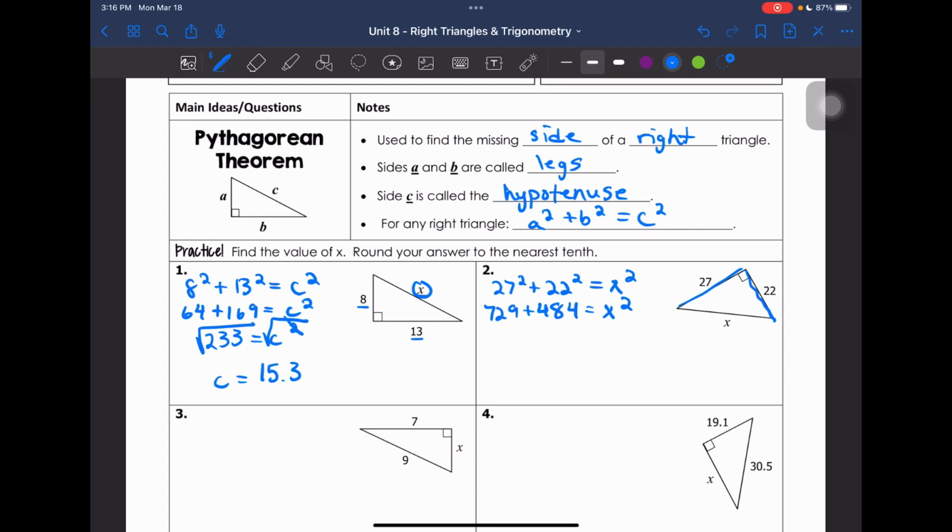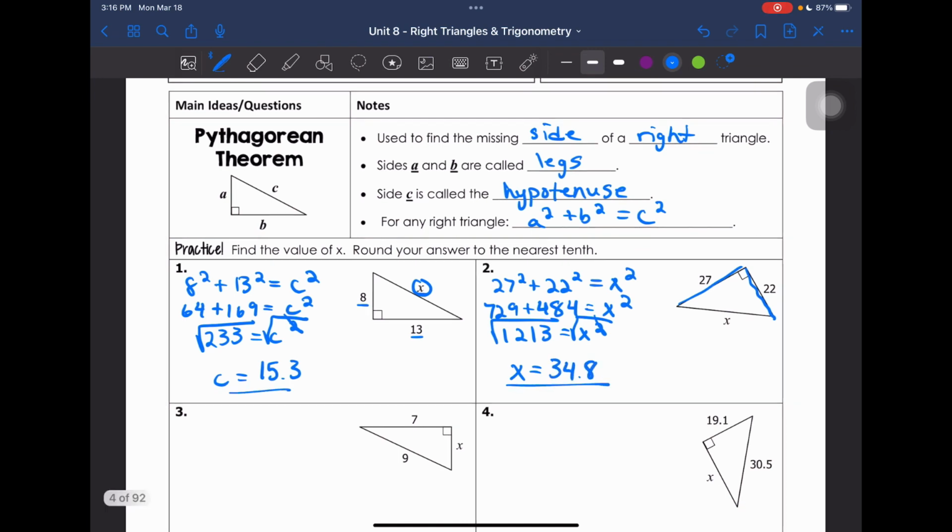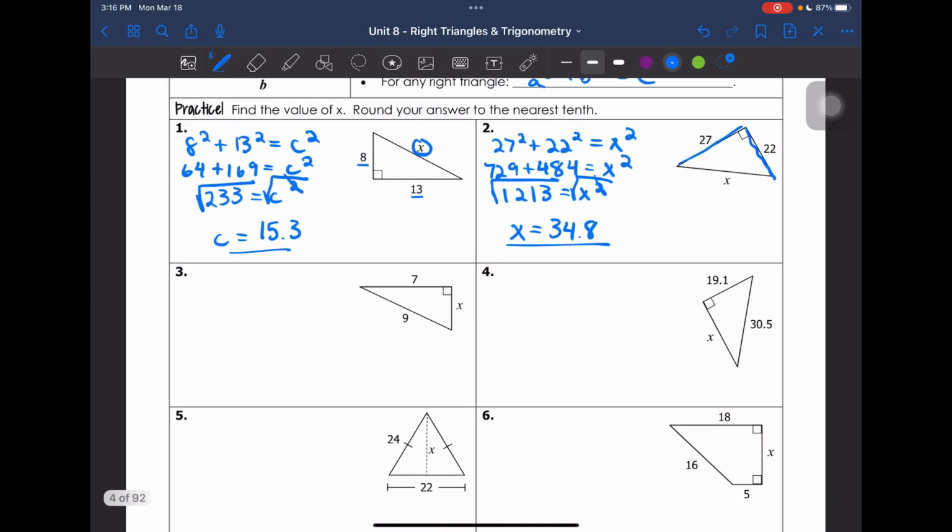Then let's combine these. So 484 plus 729 is 1,213. And then to solve for x, we just need to get rid of the squaring by taking the square root of both sides. Then x is by itself, and we just need to type into our calculator the square root of 1,213, which is 34.8. So those are our answers there.